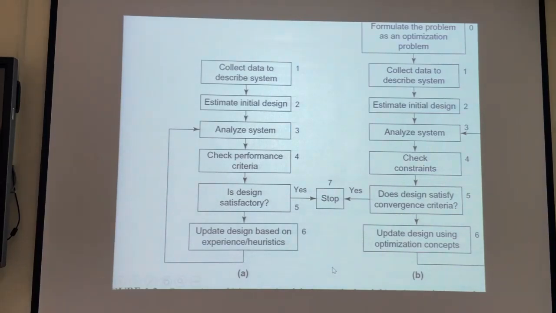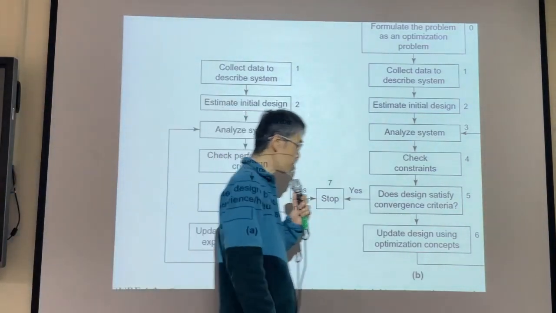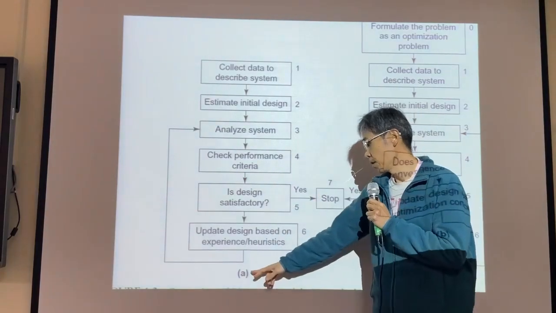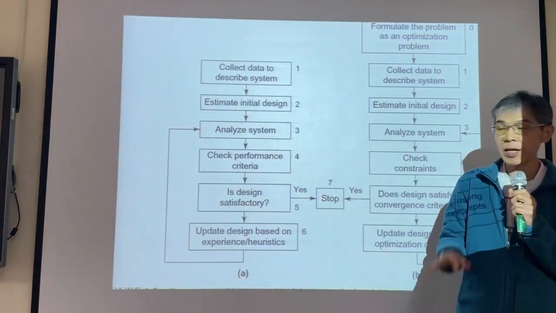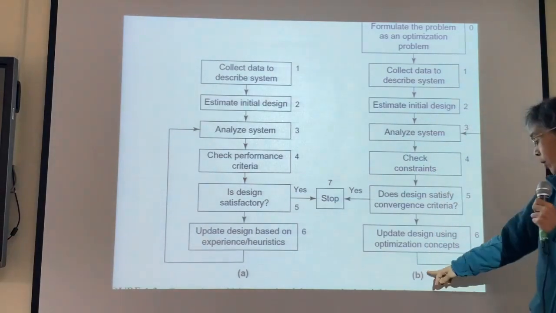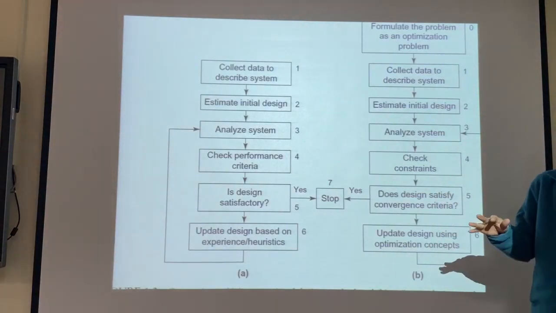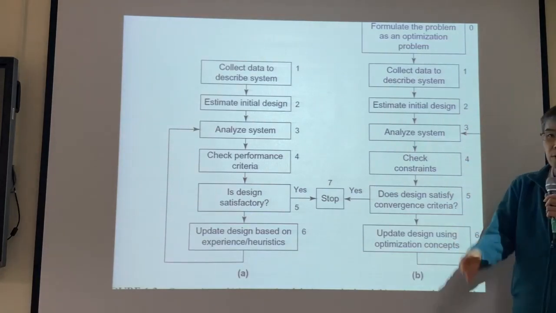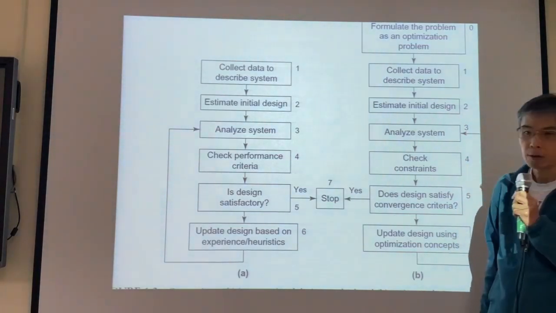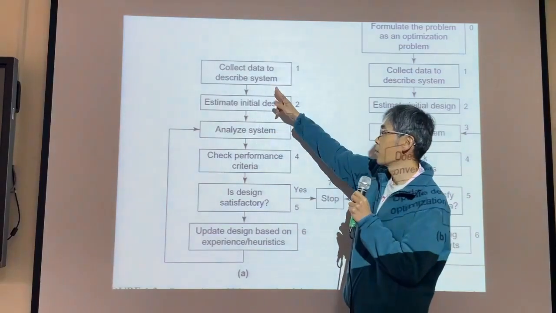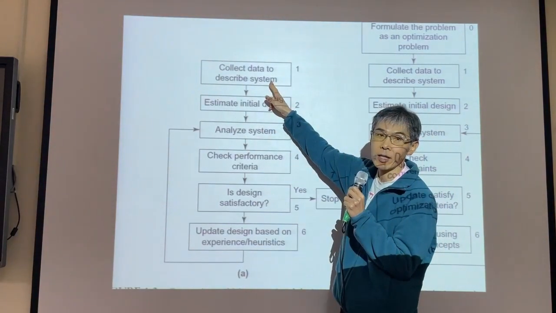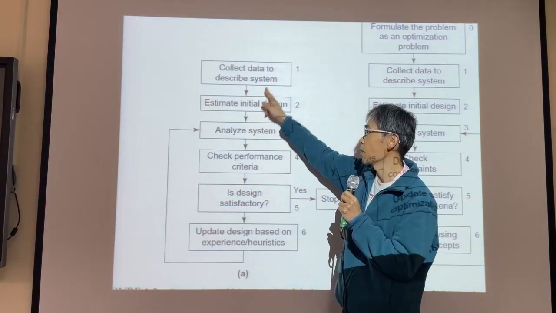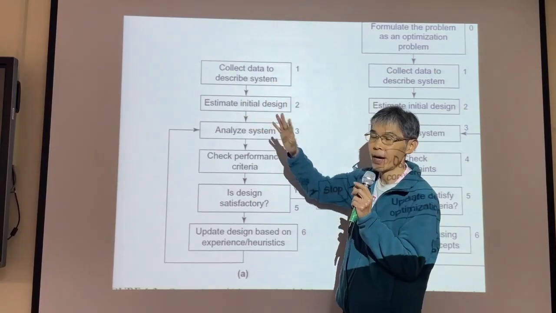The flow chart. So A is the manual design flow chart, and B is the computer-aided optimization flow chart. So usually, you need to collect data. You need to get information by hand.